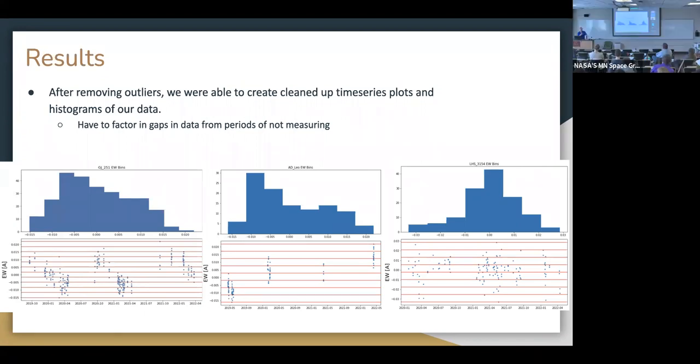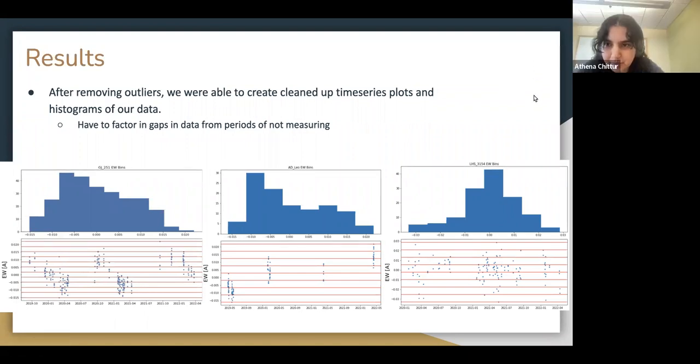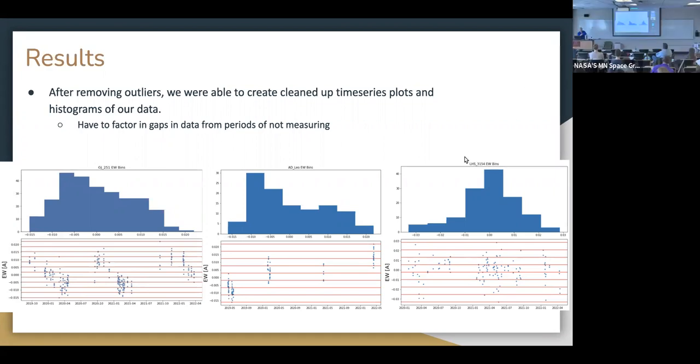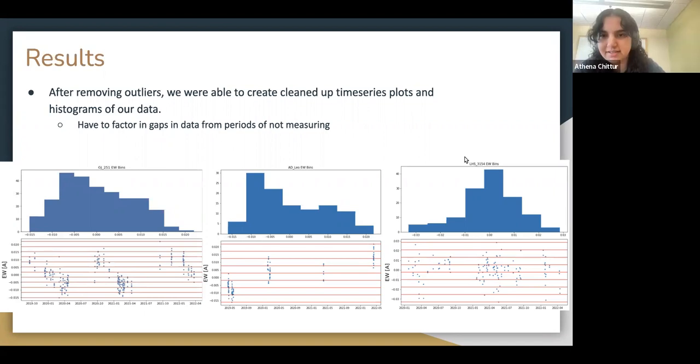Did you do analysis on any stars that are known to have exoplanets? You had something to check against? I'm sorry, can you repeat the question? Did you look at any data from stars that are already known for sure to have exoplanets? Yes, because we weren't exactly taking a look at the Doppler shift. We were taking a look at the magnetic field effect.